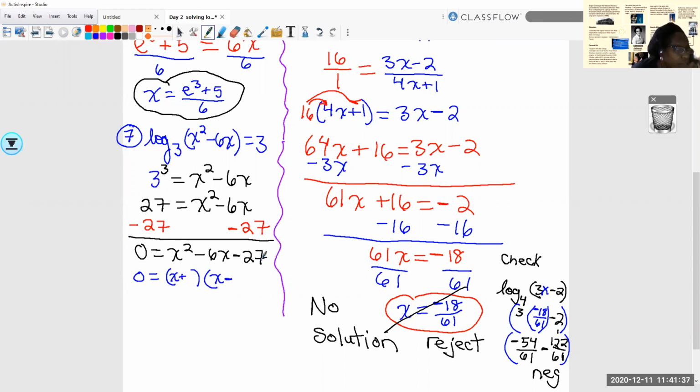For 27, what comes to mind right away is 9 and 3. 9 is going to be negative since it's bigger than 3. If we add them, we get negative 6. Now we set each factor to 0.